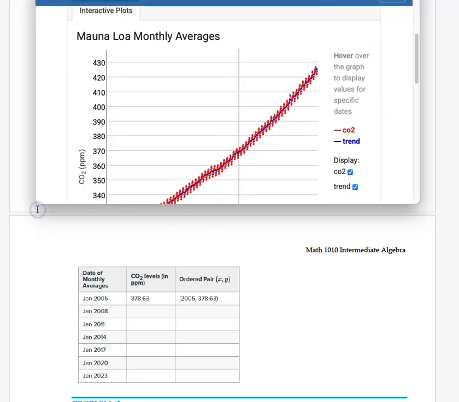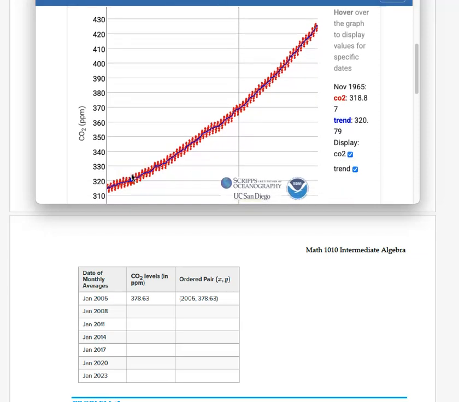Okay, so this is a nice interactive graph that you can click on to fill in some of the stuff here. You can see that the first thing is filled out for us. So January 2005, the CO2 levels were 378.63. And so then we could write that as an ordered pair there.